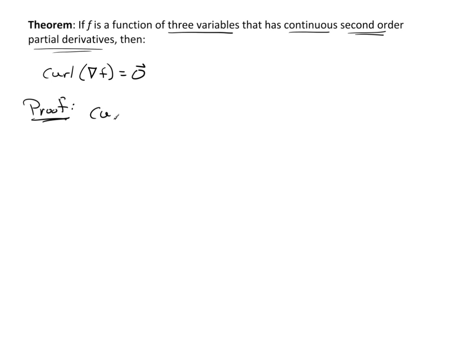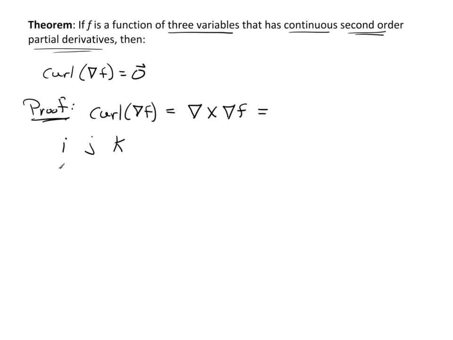So what is the curl of the gradient vector, or the gradient? Well, that's going to equal this del operator cross the gradient. And I'm going to set that up as a determinant. So I have i, j, and k.